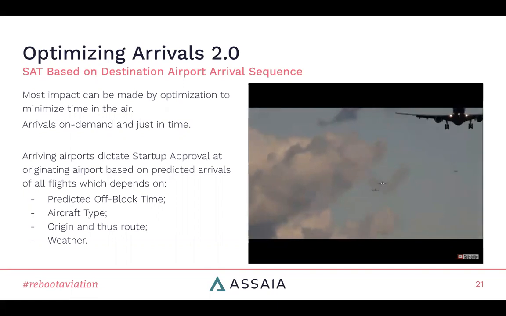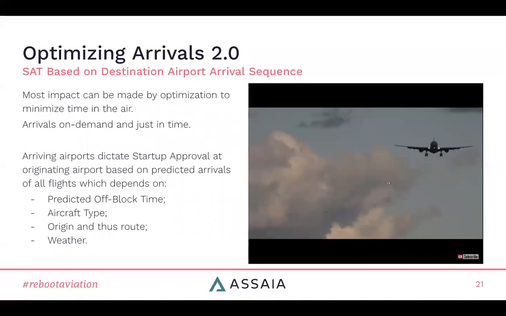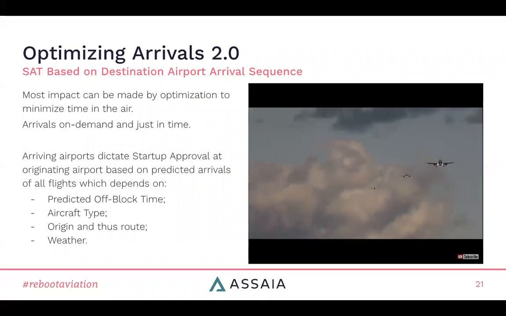So already in the ACDM framework, what they're trying to do is determine the startup approval time of the aircraft at the originating airport, based on when it's going to arrive at the destination airport and how that's then going to fit in with all the other arrivals that are arriving at the same time.